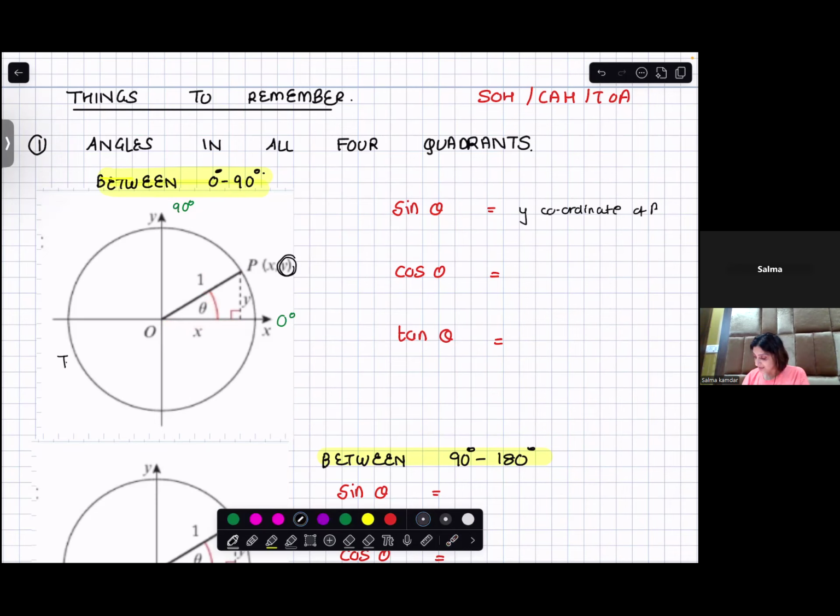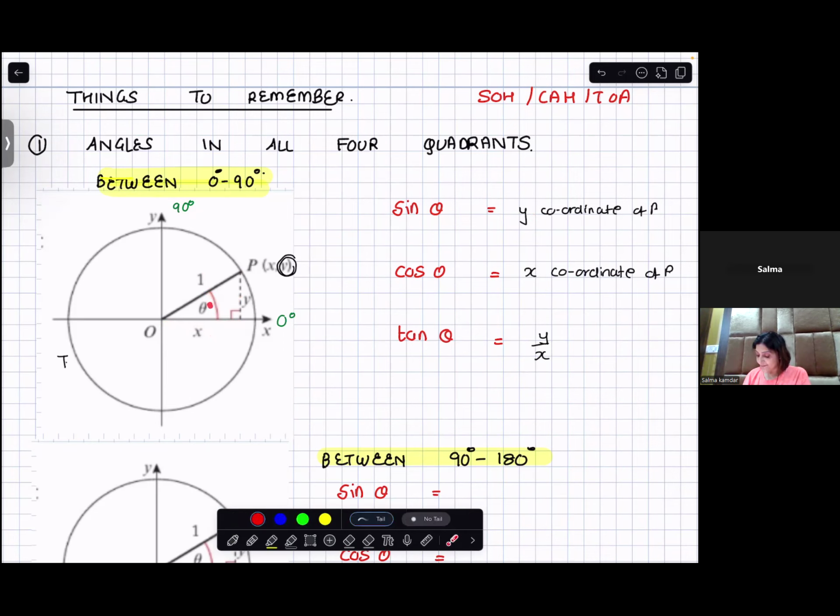So cos theta would be the x coordinate of P. And my tan theta is opposite over adjacent, so it would be y over x.